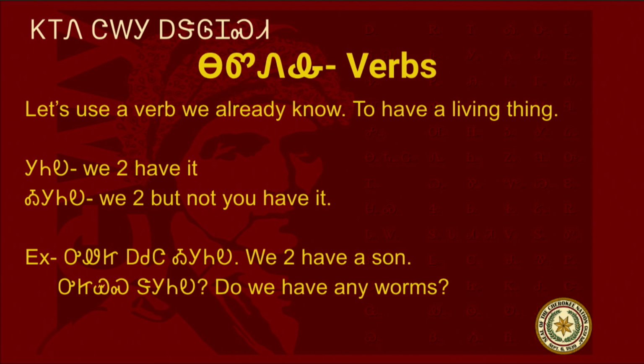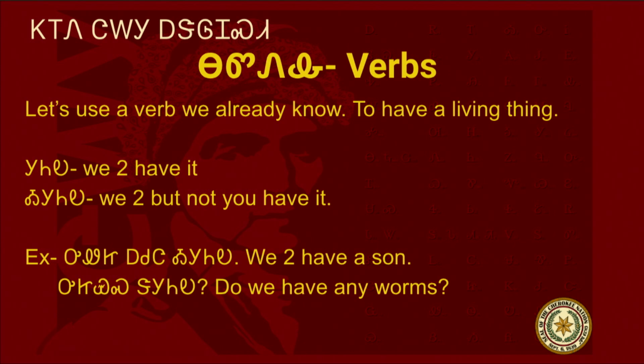The two of us, gini ka, okay? That's if you're talking to the person. And ogini ka, we, the two of us over here, but not you, have it, right?